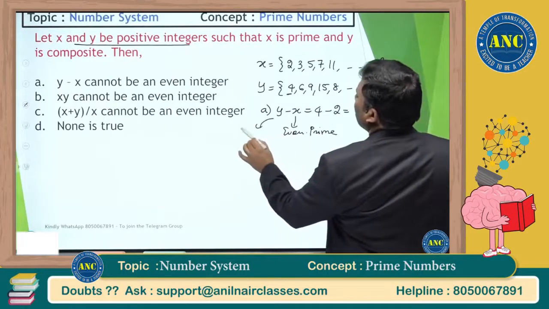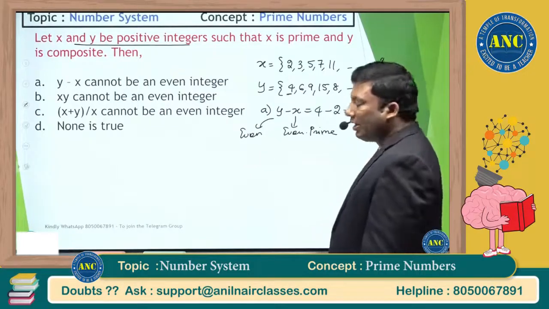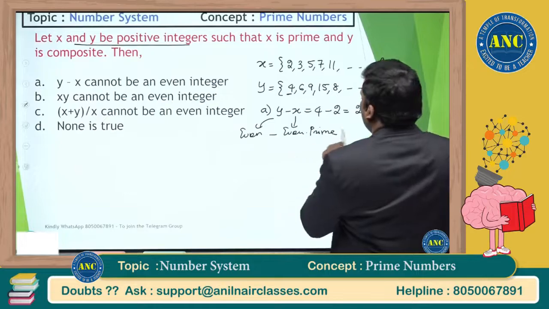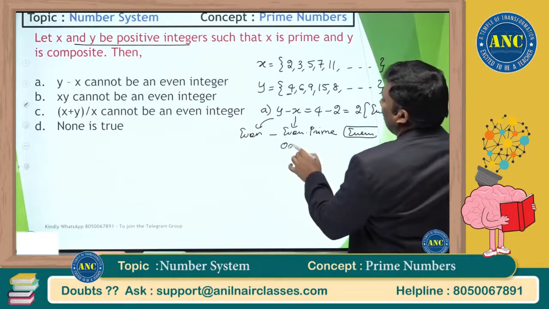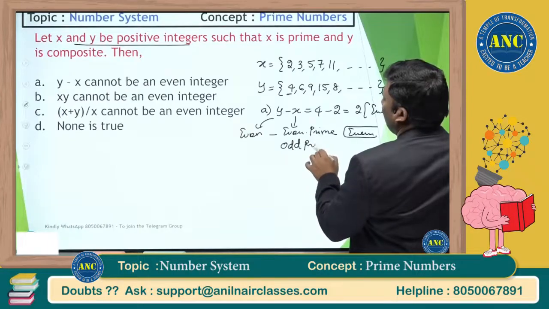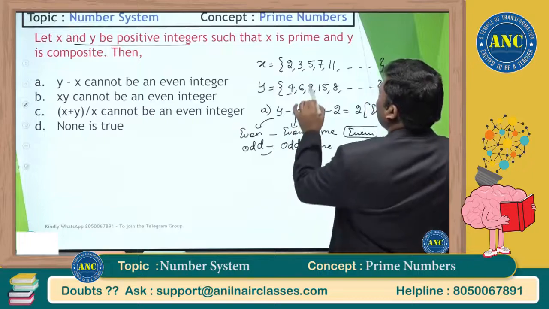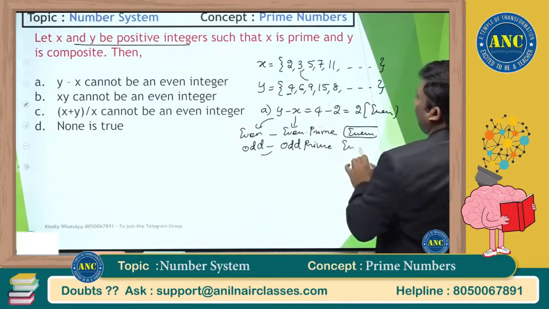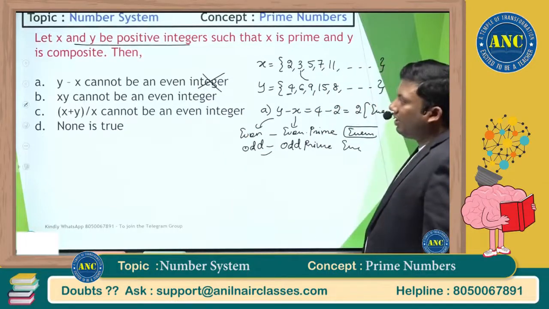A composite number can be an even number or an odd number. Even minus even is even. Or if x is an odd prime and y is a composite number, like 9 minus 3, that also gives the answer. So the first option is definitely incorrect.